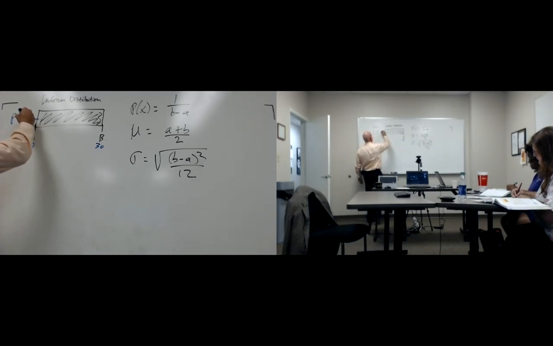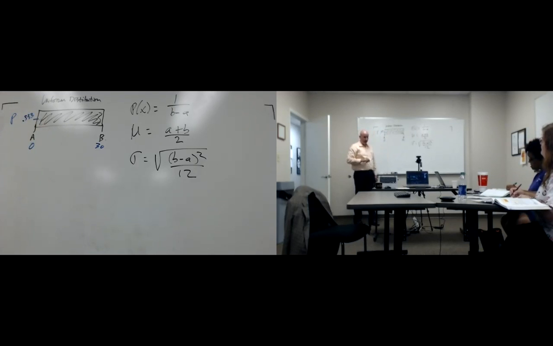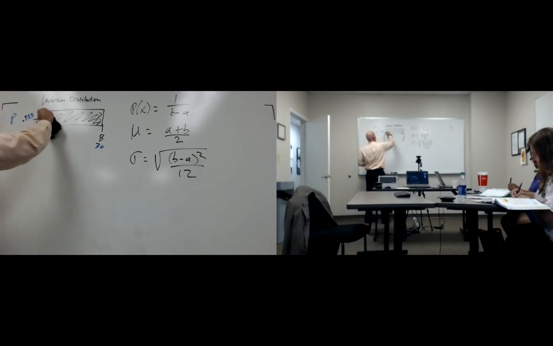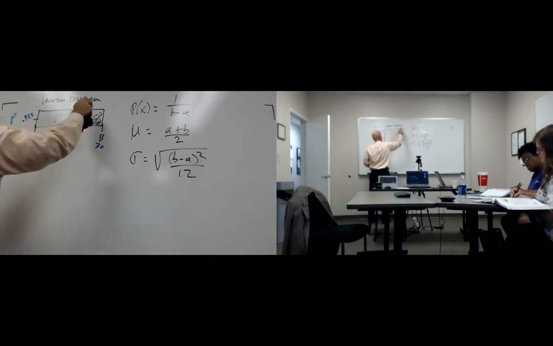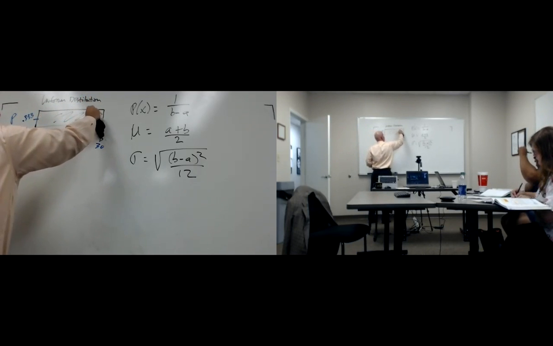Looking on the side, I got 0 to 0.060. Well, if we define that all the way up, our shaded area is going to be 1/3, or 0.33.